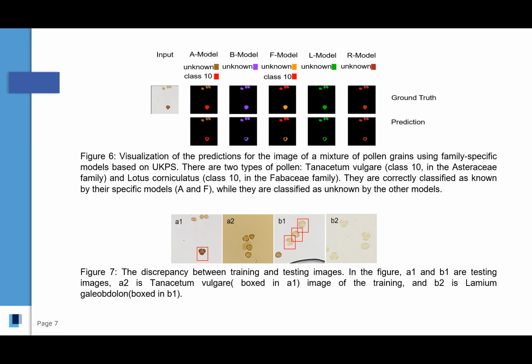Although the central region is misclassified as background, it is reasonable because our mixture pollen images and the pure pollen images used for training have been collected and observed with different setups, which results in significant visual differences between the scan samples provided by biologists. The discrepancy between training and test images is illustrated by the images presented in Figure 7.